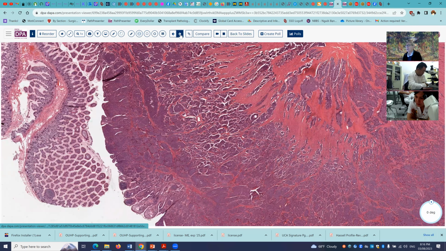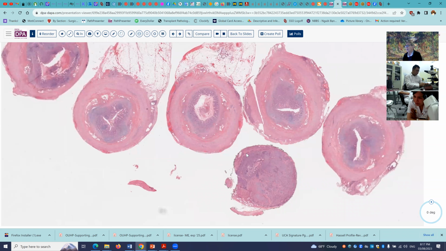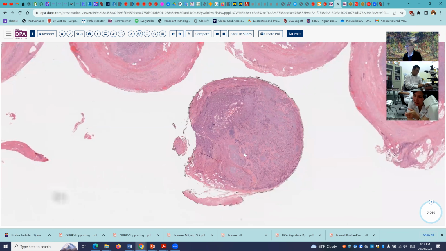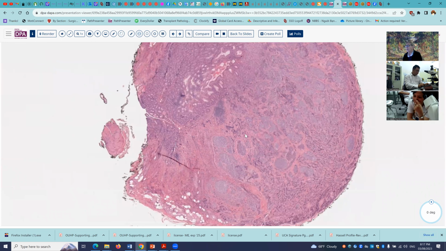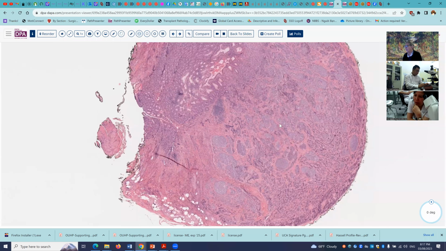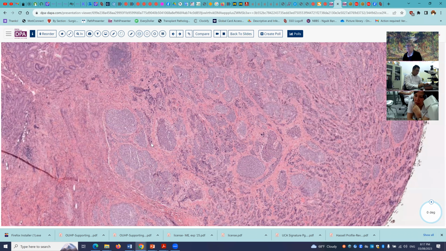Now, I've included a couple of other tumors here, at sites where we can see this very commonly. The appendix, as you can see here, typically the distal appendix. That's why we do longitudinal sections of the distal appendix, so that we can identify these tumors.